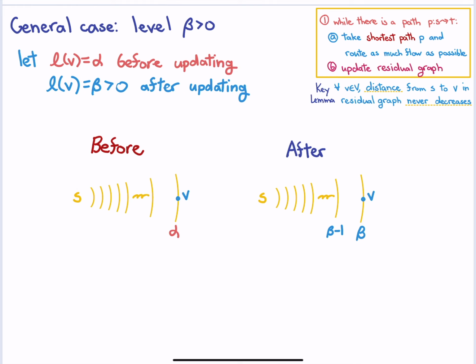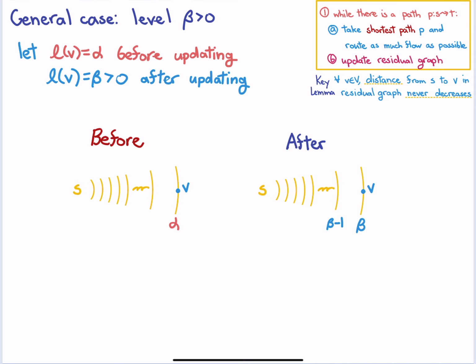I'm going to let alpha be the layer before the augmenting. I want to show that alpha is less than or equal to beta: the layer before is less than or equal to the layer afterwards. I've goofed up this proof before, so hopefully I'll survive.